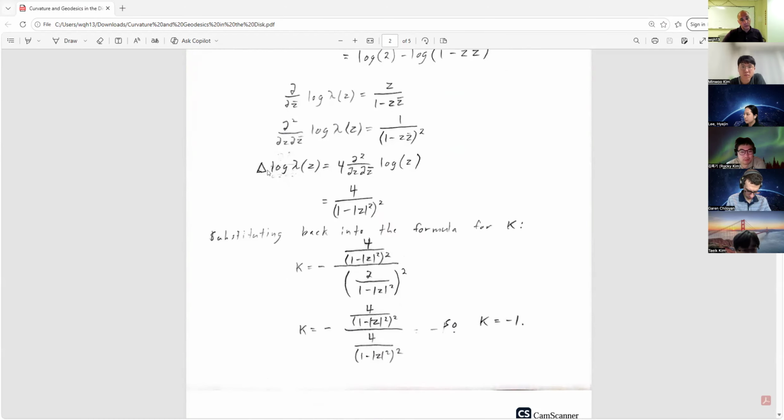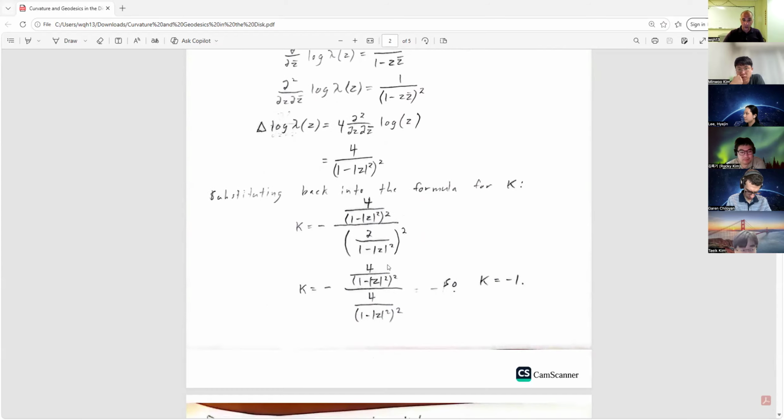And so the Laplacian of the log turns out to be 4 over 1 minus modulus z squared. And that is, in fact, the same as the square of the conformal factor in this case. So we just get negative conformal factor over itself, -1.